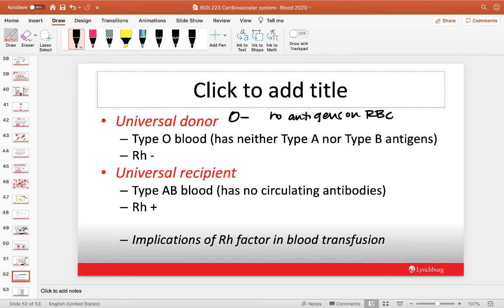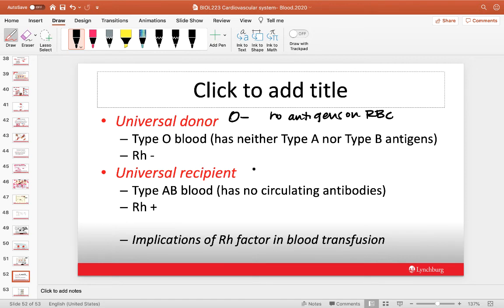It doesn't have A or B or Rh antigen. So it has no antigens for the antibodies of the recipient to react to. Therefore, type O negative is considered the universal donor and can donate to anyone.